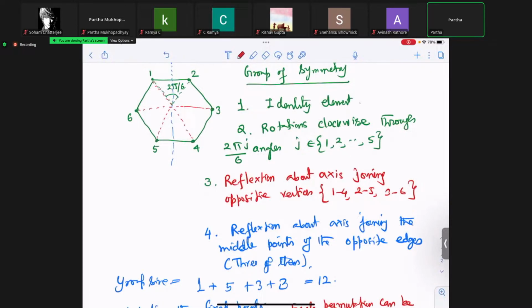So that means a coloring is fixed by the symmetry if the vertices in each cycle of the permutation that you are using for the symmetry have the same color.